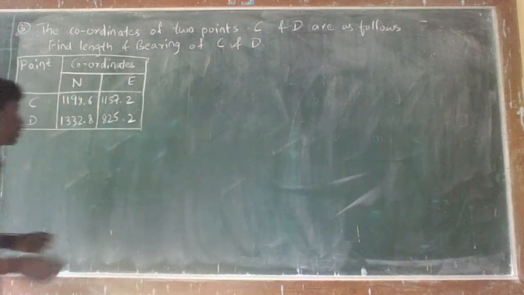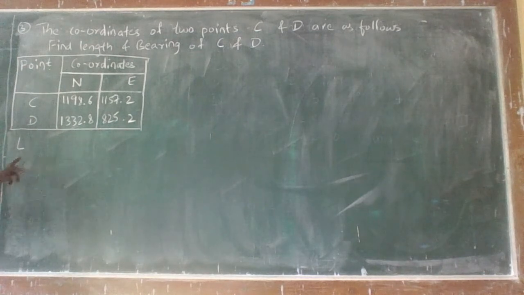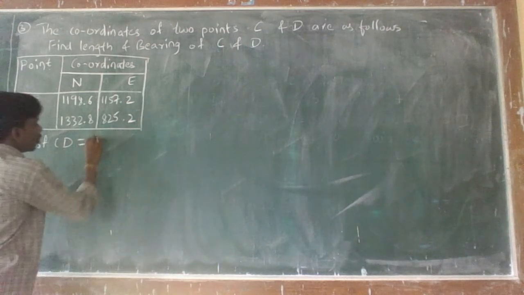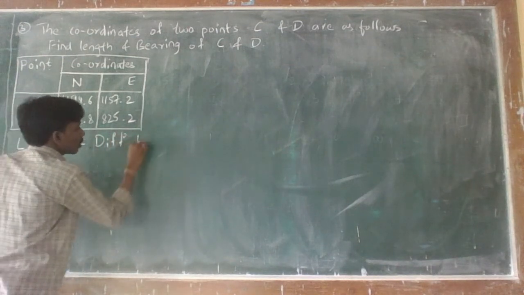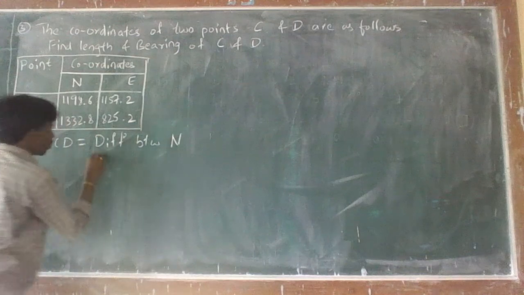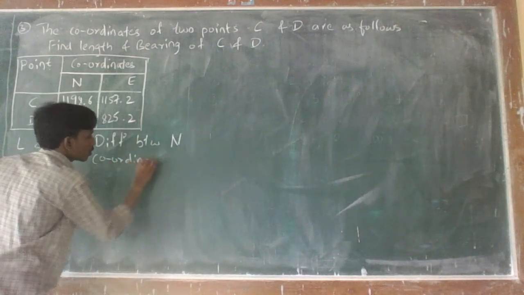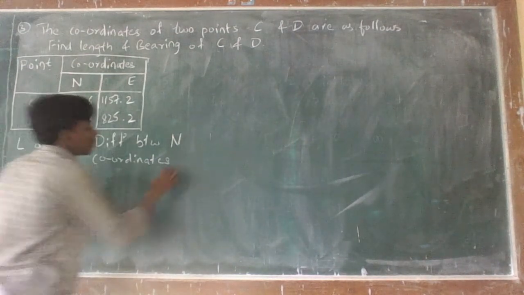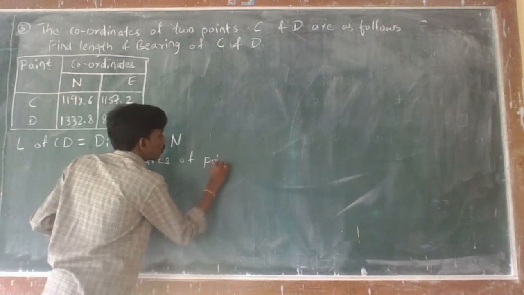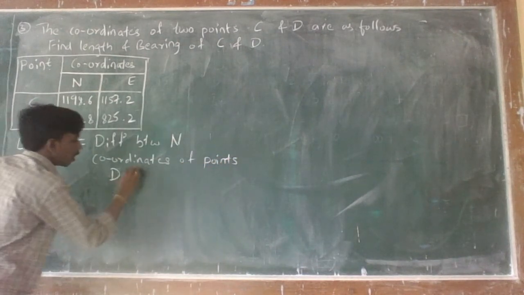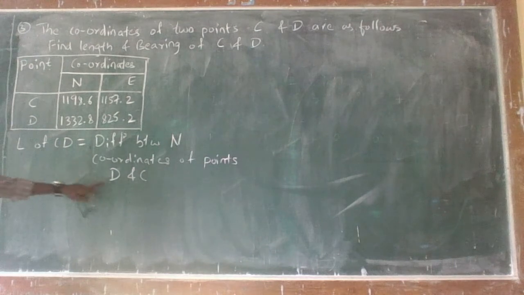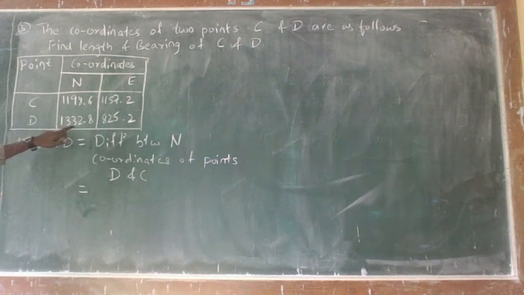Now latitude, which is denoted by capital L, latitude of CD is equal to difference between north coordinates of points D and C. So that is equal to, see here the north coordinate of D is 1332.8.